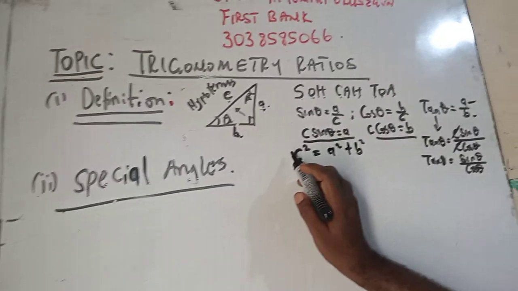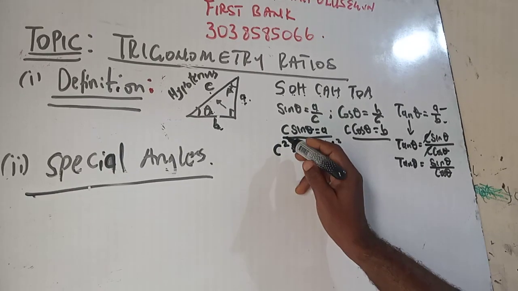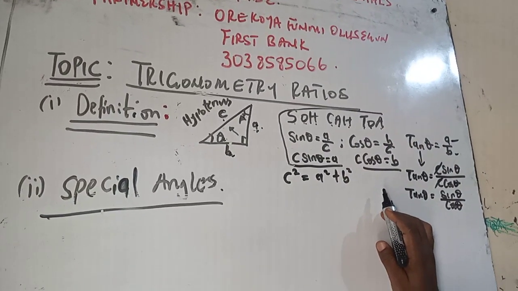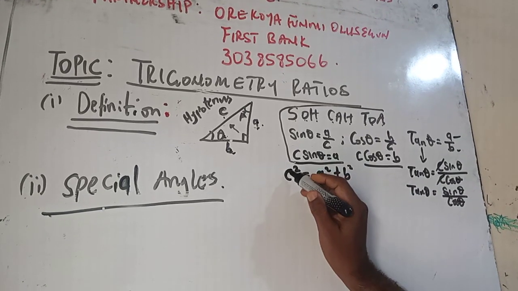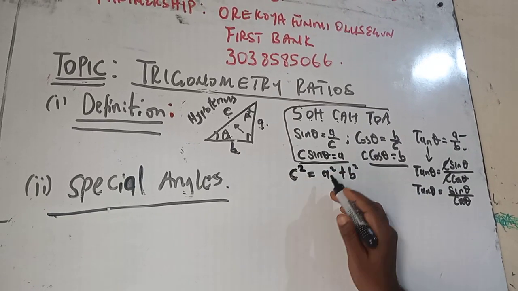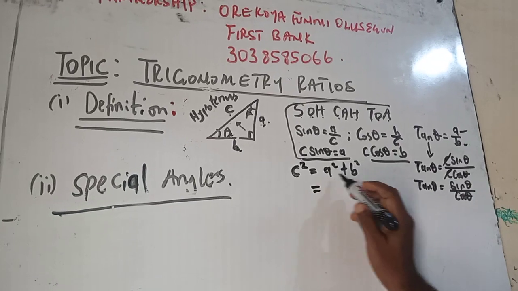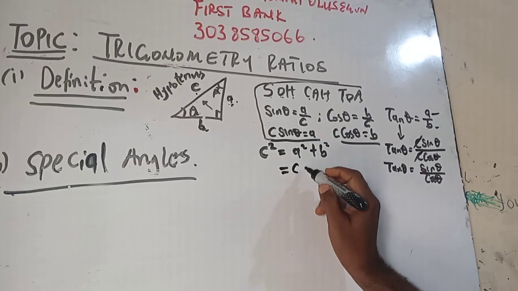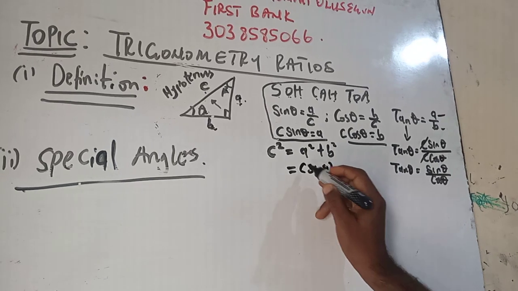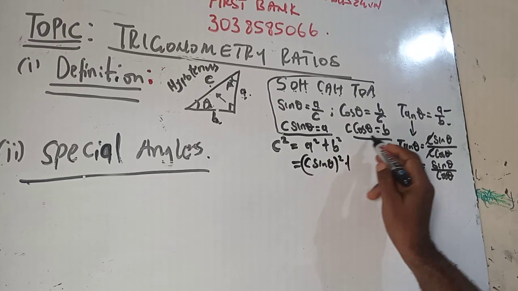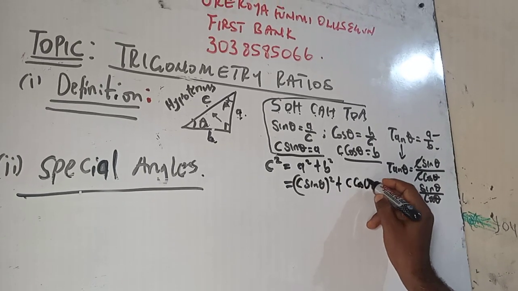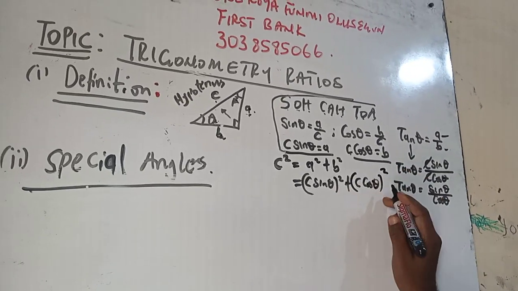So now, if you look at this relationship that I have here, this C square, I can rewrite it as this. I have A, which is C sine theta, squared, plus the B that I have here, which is C cos theta, squared.